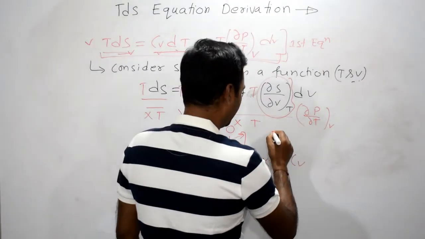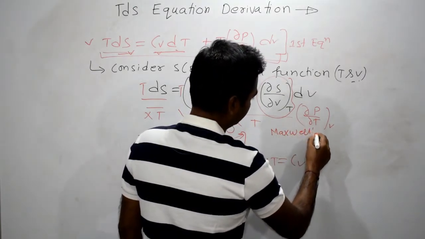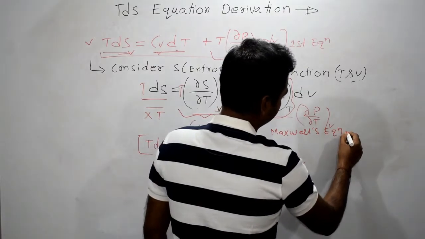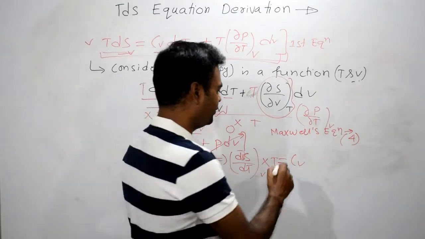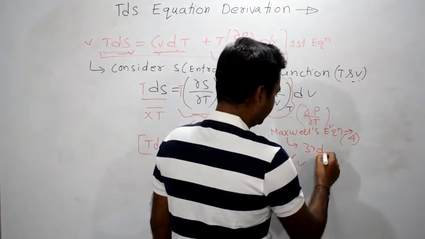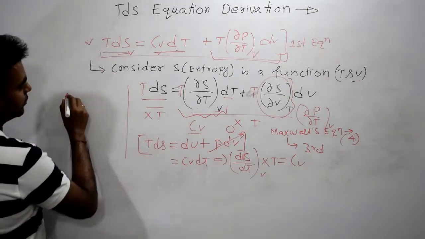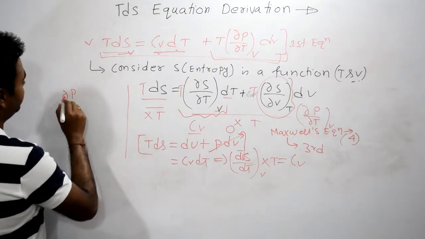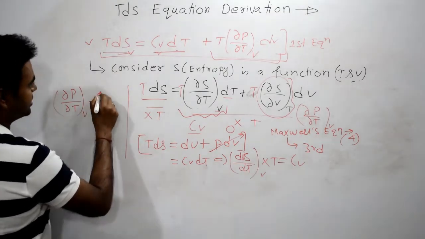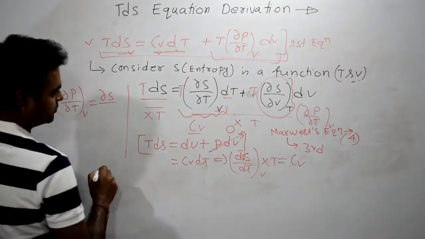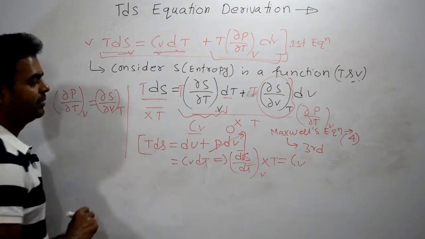So I hope you have heard about Maxwell's equations. There are 4 Maxwell equations we study. If you remember the third equation, what the third equation is telling us, my dear, is that (∂P/∂T) at constant volume is equal to (∂S/∂V) at constant temperature.